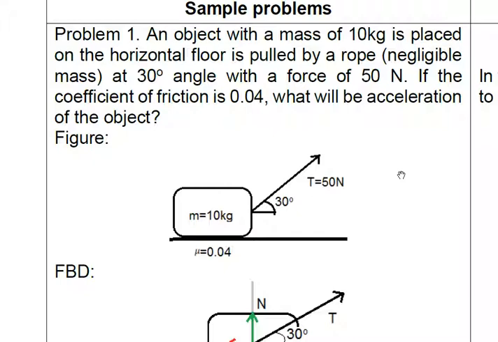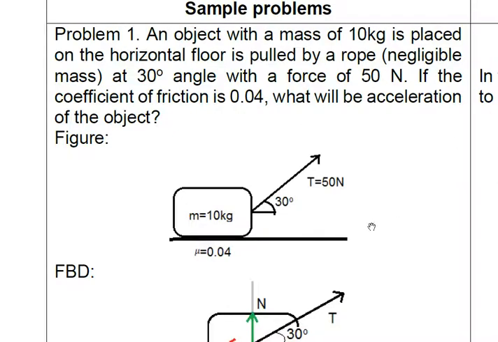The rope is pulled at a 30-degree angle, and we have the frictional force acting on the block. So what will be the acceleration of the object? That's what we're going to find.